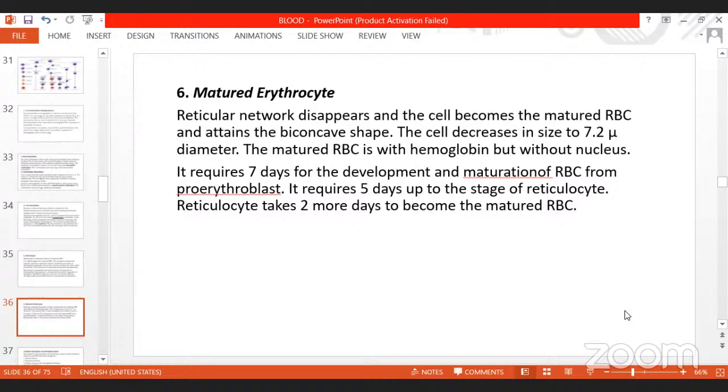Around 7 days are required for the development and maturation of RBC from proerythroblast to reticulocyte, and the reticulocyte takes around 2 more days to become the matured RBC.